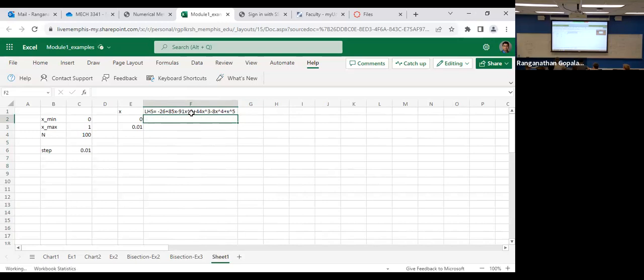You've used Excel, you know how to do that. Minus 26 plus 85 times x plus or minus 91 times x squared plus 44 times x cubed minus 8 times x power 4 plus x power 5.